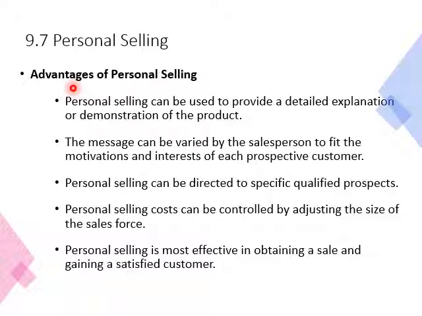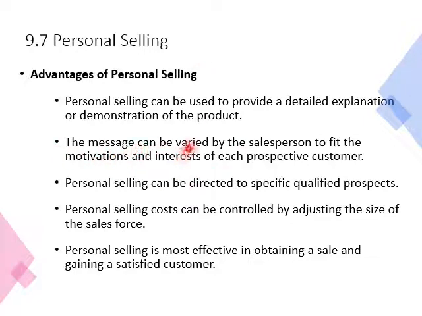With advertisement you can't ask questions, an advertisement will not be able to answer you directly. But when you talk to a salesman or salesgirl or sales representative, they will be able to provide the potential customers any other inquiries or detailed explanation on the product that you want to buy.